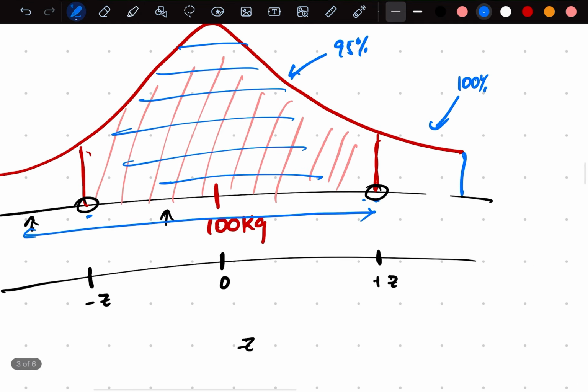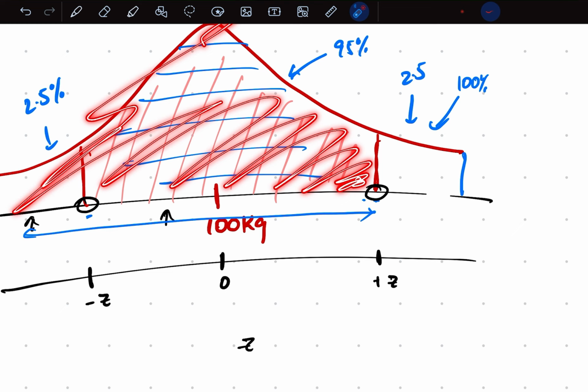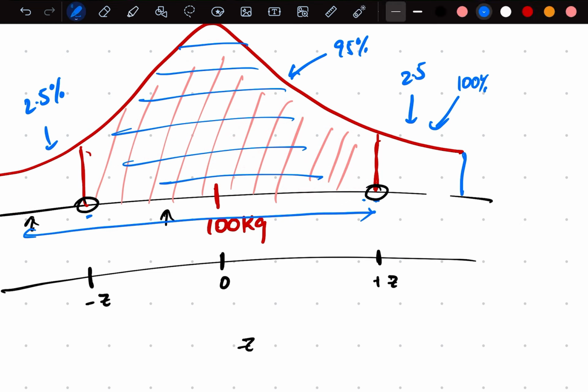The area would be, as I said, this 5% lies here, right? 2.5%, 2.5%, both of them together say 5%. So what is the area of all this part? The area would be 95 plus 2.5, that is 97.5 percent of data lies on the left side of it.